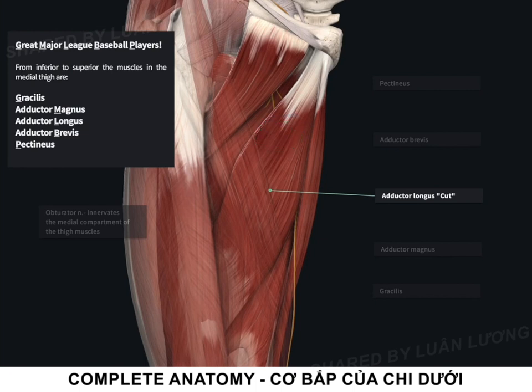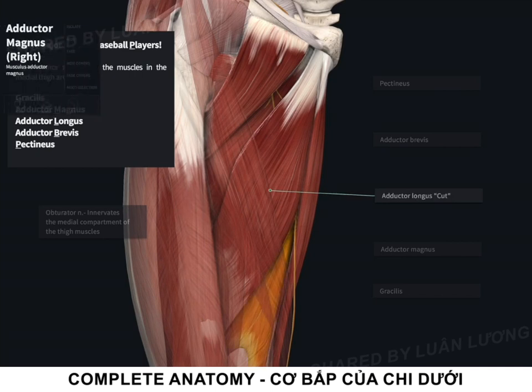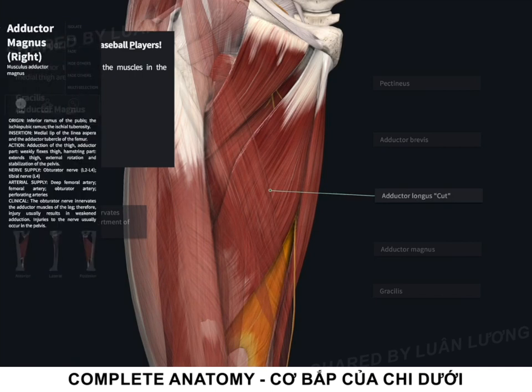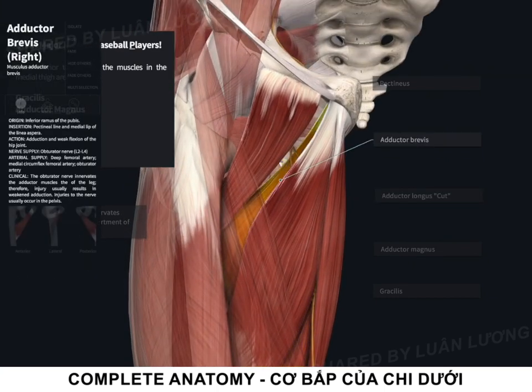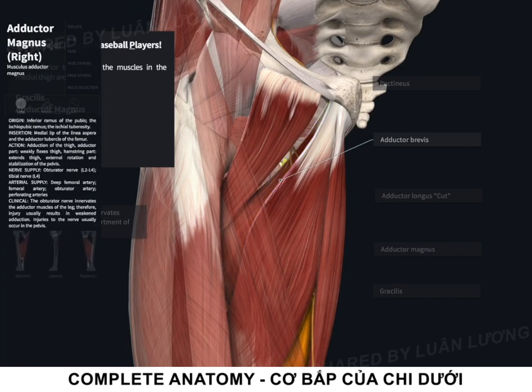Now, what we're starting to see is that the medial thigh has layers to it. There's going to be two muscles that are more deeply located, the adductor magnus, which is right next to the next adductor, the adductor brevis. So the adductor brevis is more laterally located, the adductor magnus is more medially located.